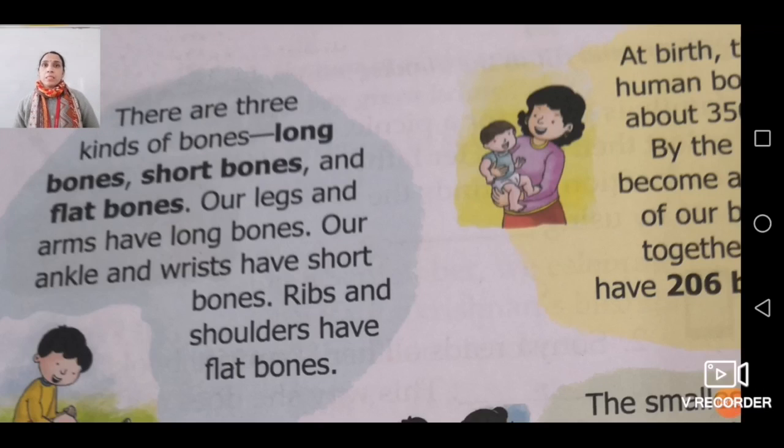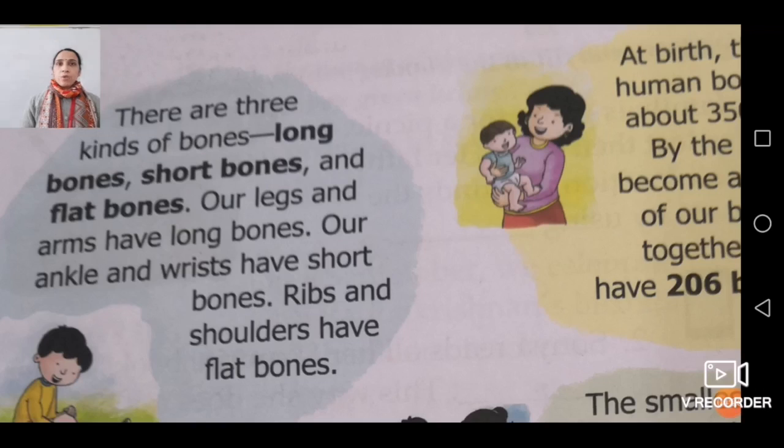Ribs means your rib cage, which provides safety to your internal organs like heart and lungs. So that is very important: ribs and shoulders have flat bones. They do not allow movement in all directions, but they give such a structure to your body. So these are flat bones.